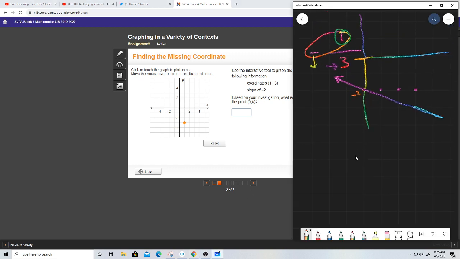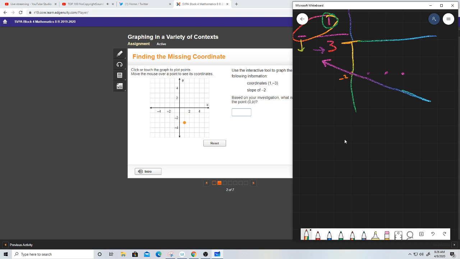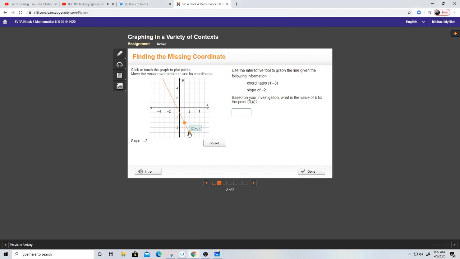There's no fraction, but there's always a fraction, so just add a 1 here. What this says is, go right 1, down 2. So right 1, down 2, dot.